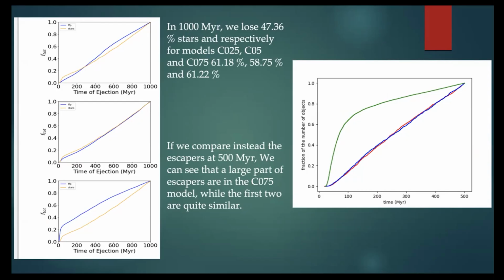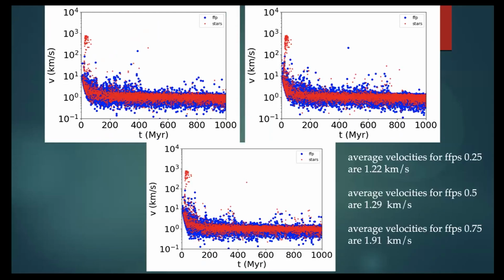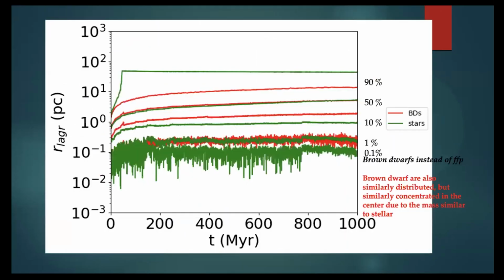And in this cluster, although we lose a lot of free-floating planets, around 60% after 1 giga-year, we should therefore see a lot of non-cluster free-floating planets ejected by these objects. On the velocity of the ejected objects themselves, we have very similar velocities, although the 0.70 model is already at around 2 mega-years.